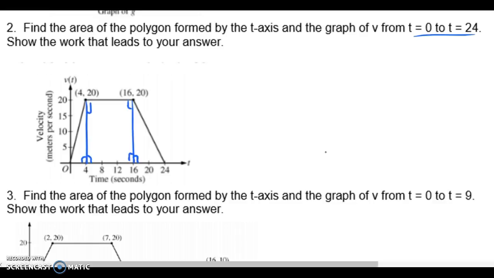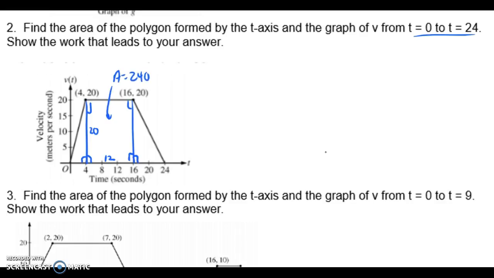So the trick is, notice that the scale on the bottom is by 4s, it's not by 1s, and the vertical scale is by 5s. So if we're looking at the distance here from 4 to 6, that's 12, and our height from 0 up to 20 is 20. So I know that that area is going to be 240, because that's just 12 times 20.